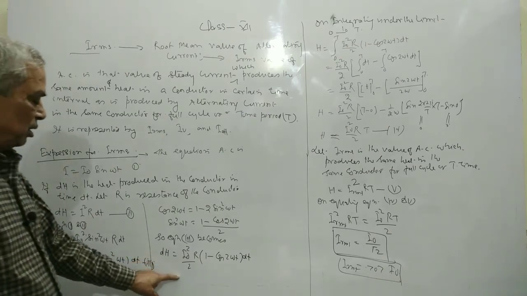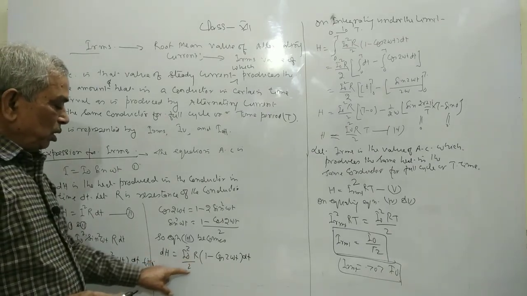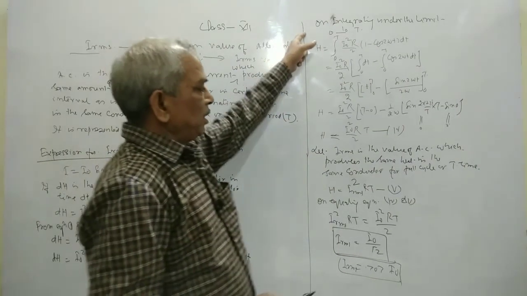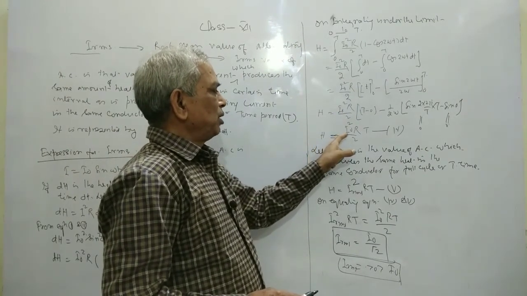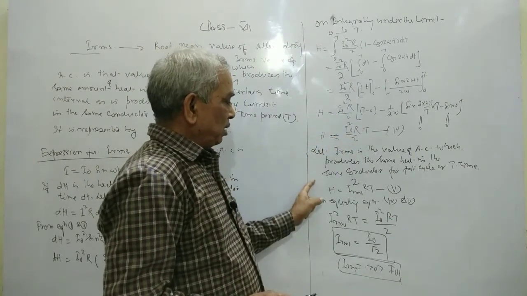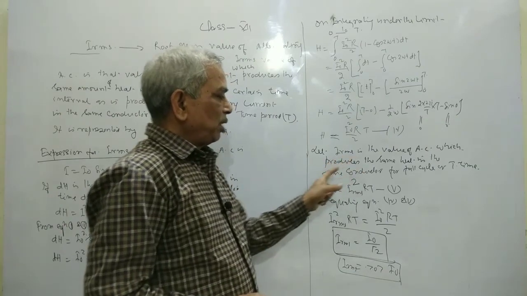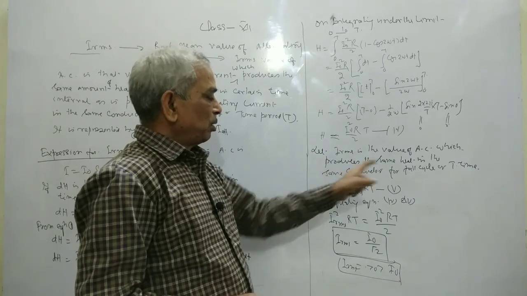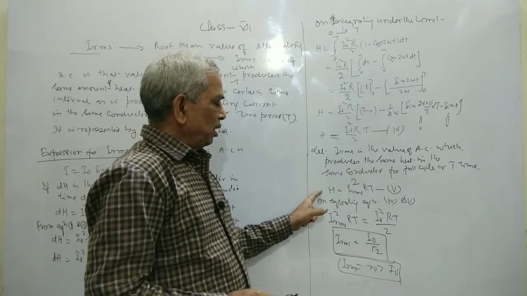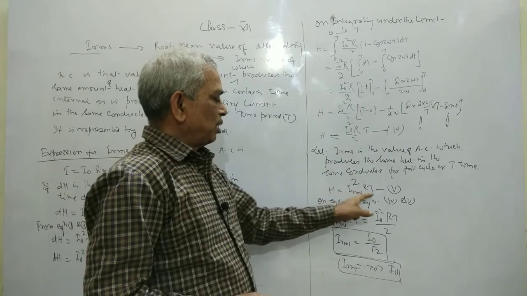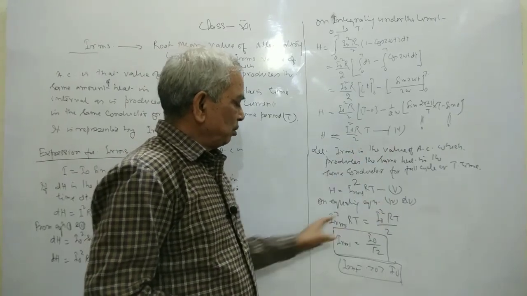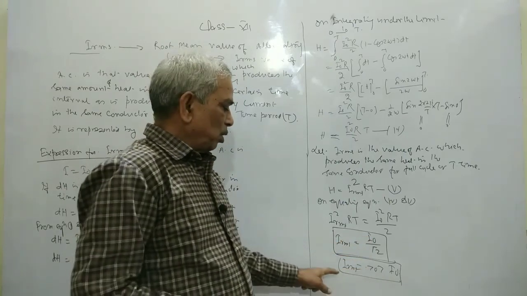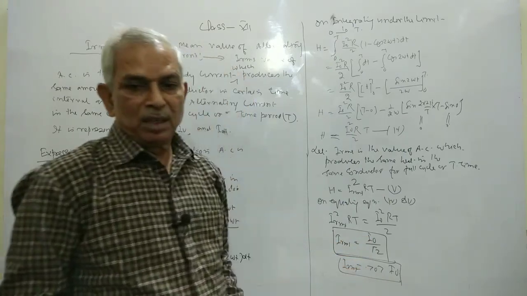This equation becomes I naught square R upon 2 into 1 minus cos 2 omega t dt. On integrating, we find that H is equal to I naught square RT upon 2, and if IRMS is the value of AC, then the same heat produced for the full cycle in the same conductor is IRMS square RT. On equating equations 4th and 5th, we get IRMS equal to I naught upon root 2 or 0.707 of the peak value.